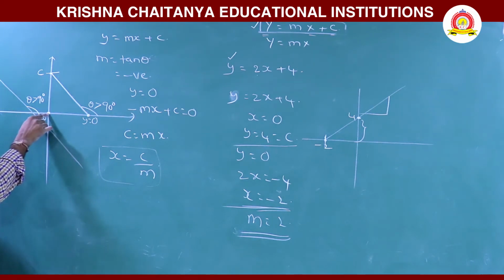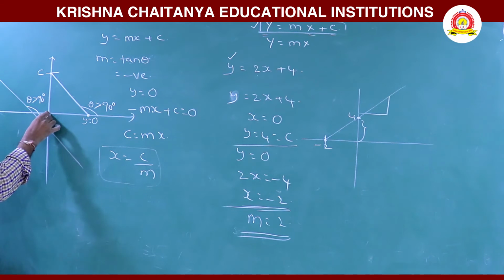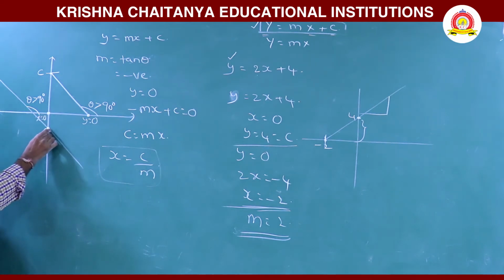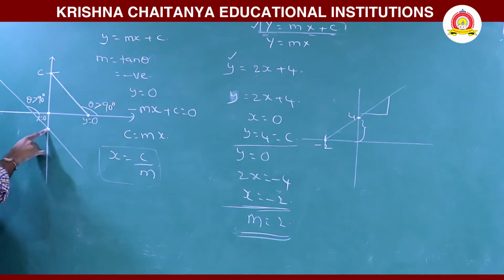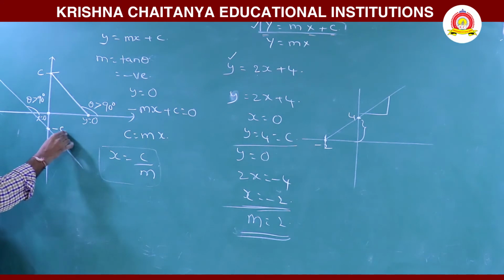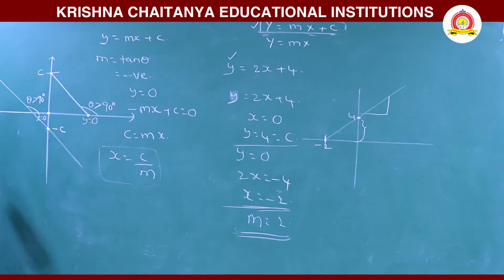But at x equal to 0, if you take the y coordinate, it is this one. That means this is a negative value. The y intercept is negative.